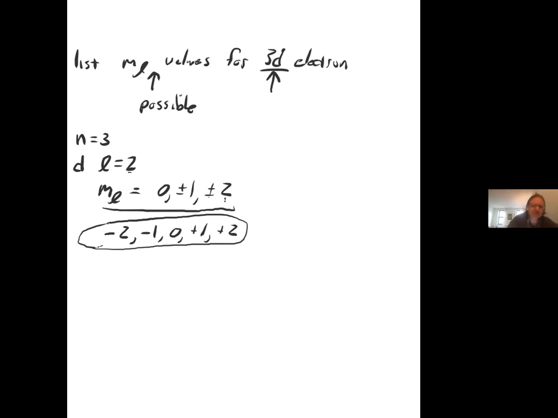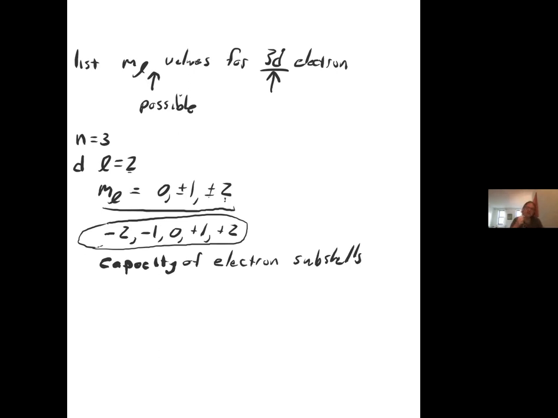So let's take a look at a different one. Another type of question is where they ask you to write out the capacity of electron subshells. How many electrons can fit into these subshells?